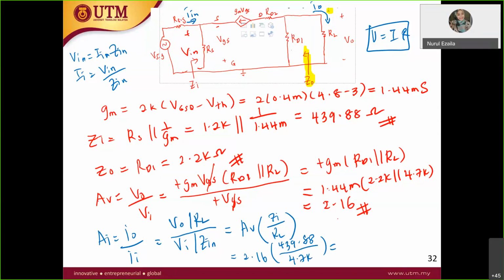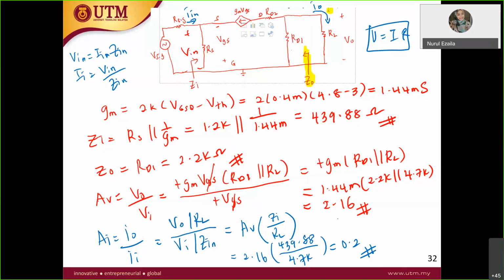So you will get AI equal to 0.2. If you double check the question, you should get the same answer.